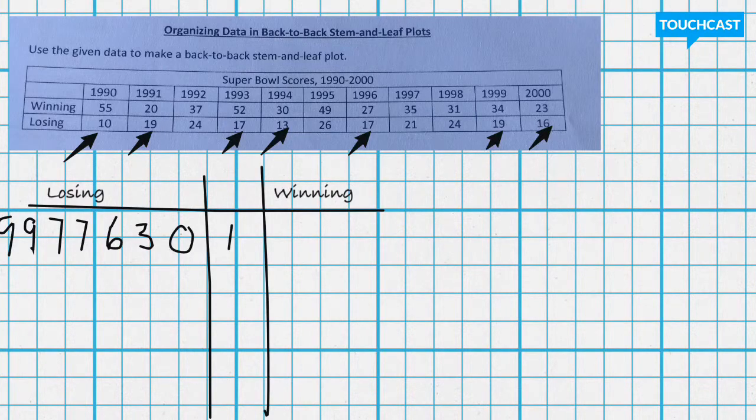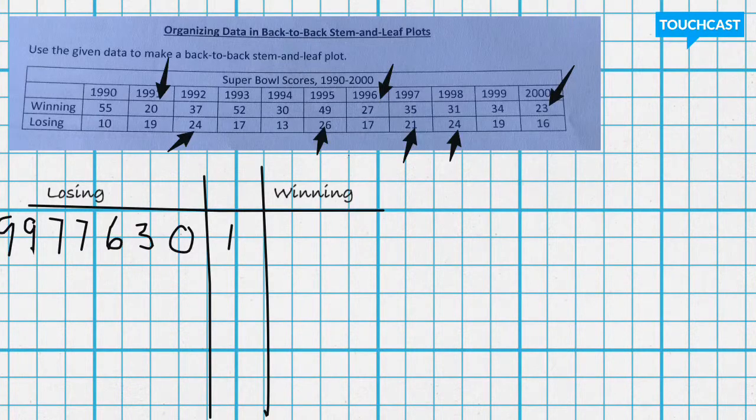Now, let's look at any scores that are between 20 and 29. So, we have a 20, which was a winning score in 1991, a 24, a 26, a 27, a 21, a 24, and a 23.